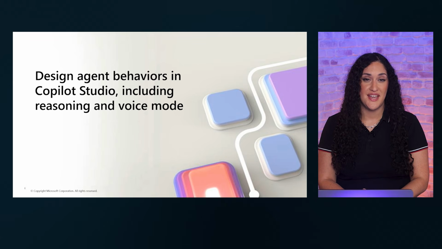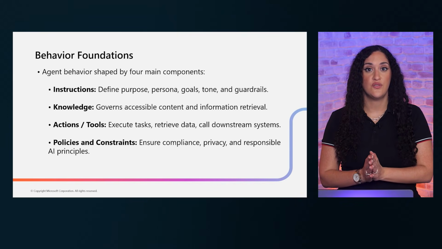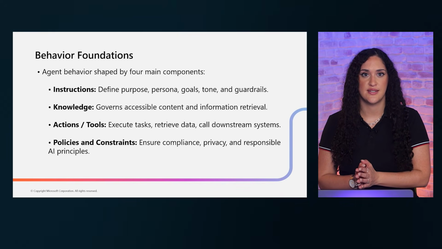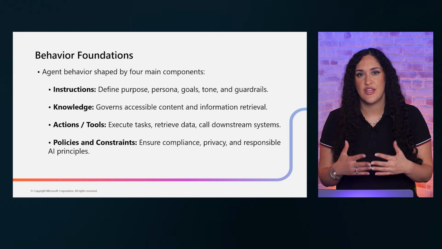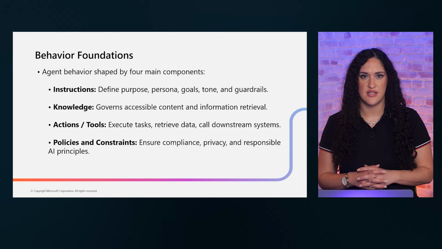Now let's talk about designing agent behaviors in Copilot Studio, including reasoning and voice modes. Agent behavior is shaped by four main components: instructions define purpose, persona, goals, tone, and guardrails. Knowledge governs what content the agent can access and how it retrieves information. Actions and tools let the agent execute tasks, retrieve data, and call downstream systems.